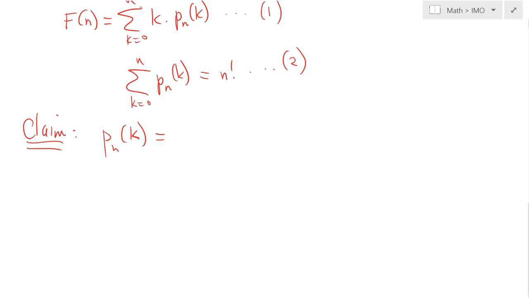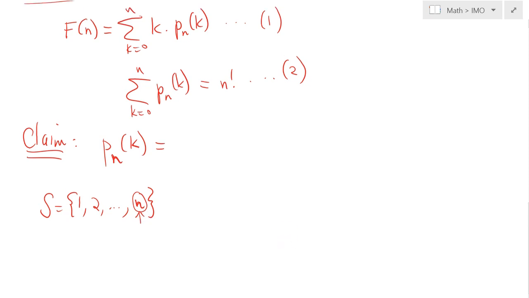Okay, so let's do it together. Because we will use recursion, let's focus on the set S, and I'm just going to consider the situation for the last element, the nth element.